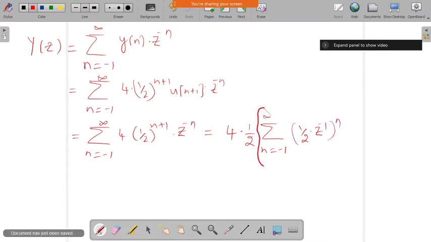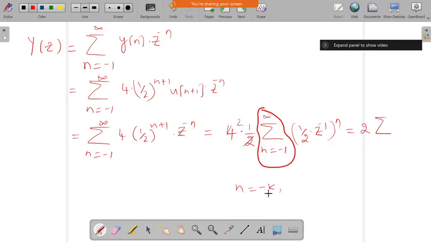But here there is no standard expression for n equal to minus 1 to infinity, so let us take n equal to minus k. So this summation will become, the 2s cancel each other and you get 2 into summation. Now if I substitute n equal to minus k, whenever n equal to minus 1, k will be equal to plus 1, and whenever n equal to plus infinity, k will be equal to minus infinity.